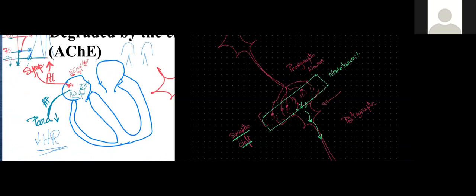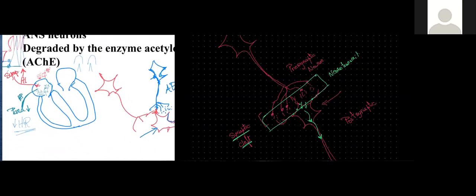Make sense? We're going to discuss this in much more detail when you study the topic in AP2. But just to give you an impression of why I would need a neurotransmitter in between the cells, not every neurotransmitter is going to have the same action.